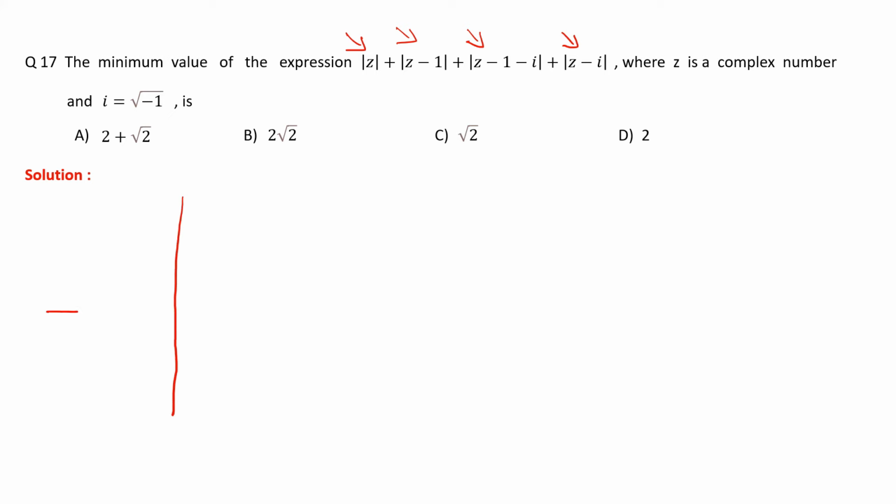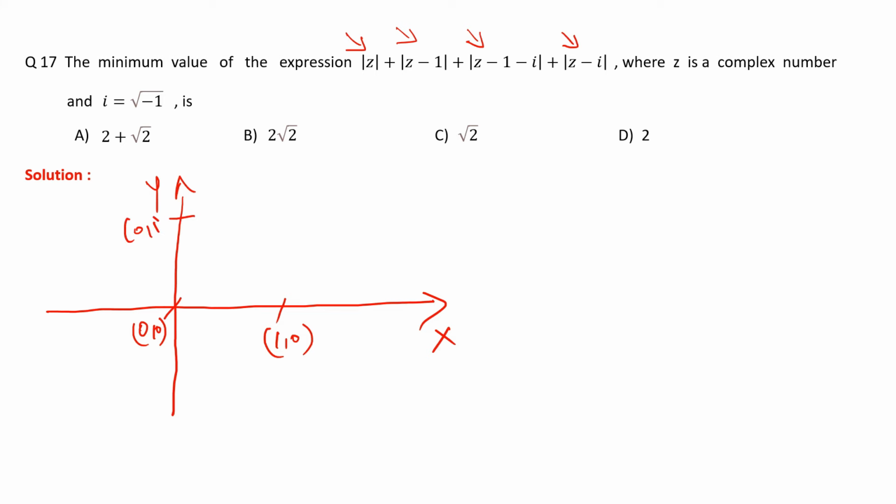So what do we do? We just make x and y axis in the Argand plane, where we can plot complex numbers. This is origin. This is the point 1 comma 0. This is 0 comma 1, and this is, let's say, 1 comma 1. Now if I join these points, clearly I am going to get a square of length 1 unit, right?